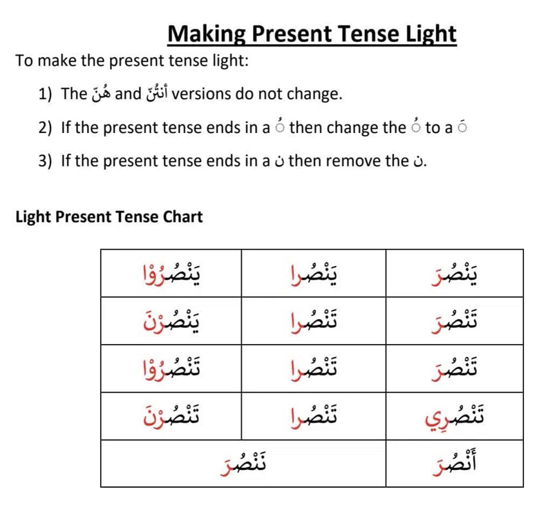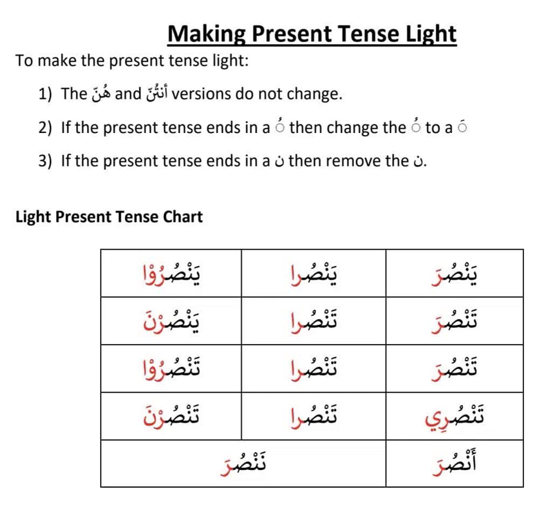So we will not associate anyone with our master. So that's the idea. Ahadan. Sharaka means associating. Again, the meaning is not important, I'm just going towards the meaning. You need to understand the concept: lan will make yushriku or nushriku become nushrika.